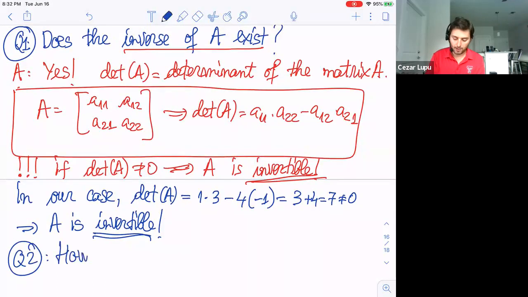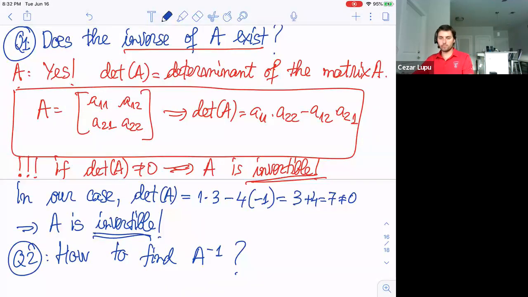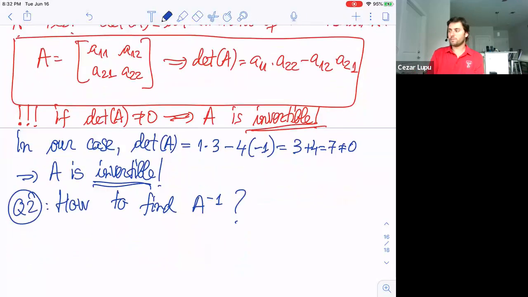But now the second question that I want to answer: how to find A inverse? And we're going to do it the hard way now. And you'll see what I mean by the hard way. So let's answer this.